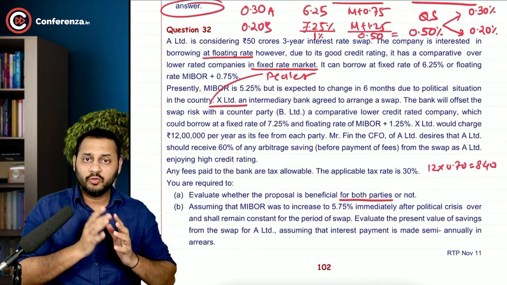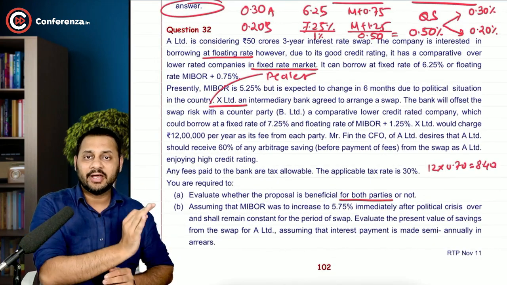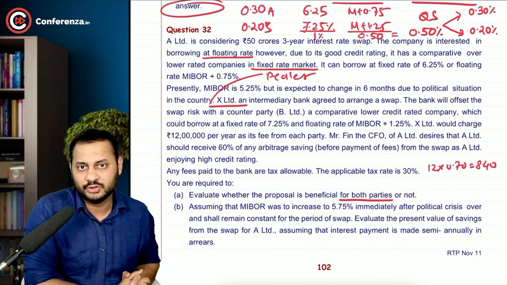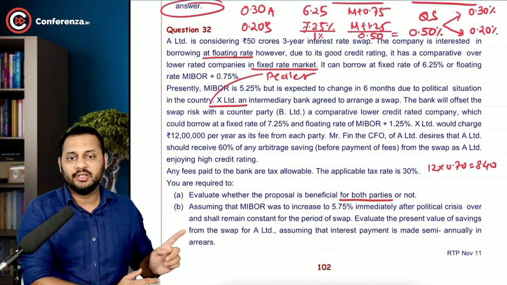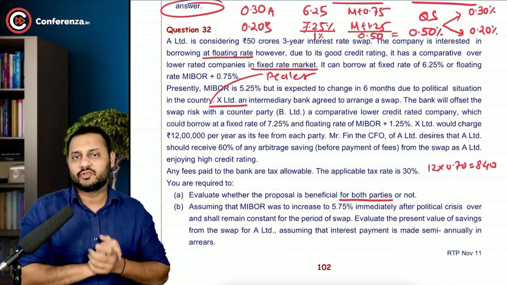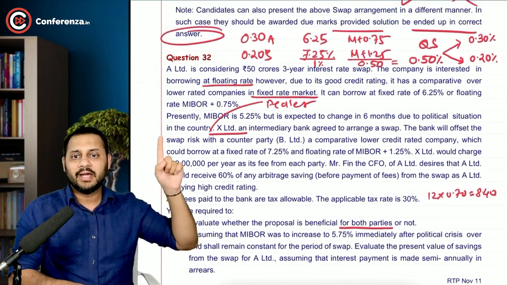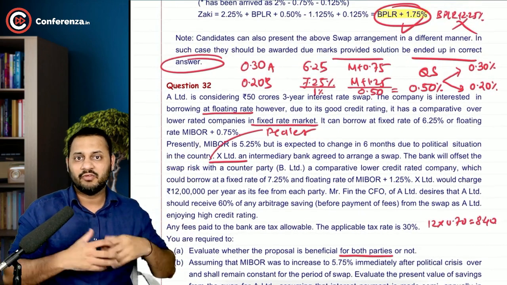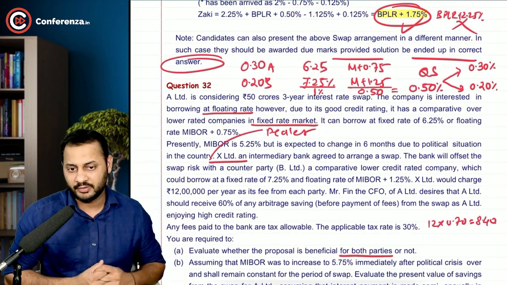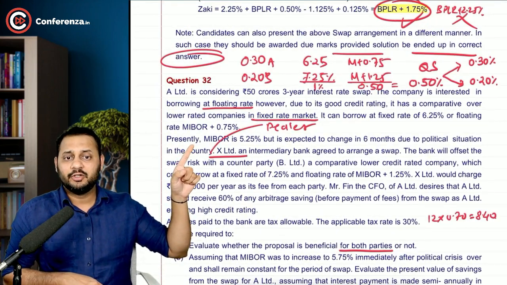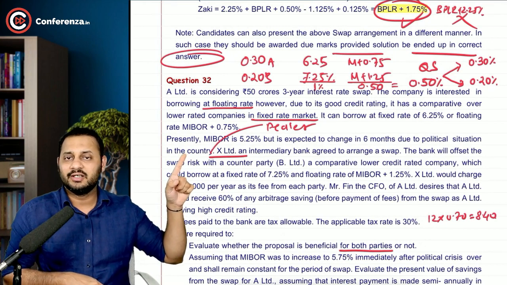Assuming that MIBOR was to increase to 5.75% immediately after the political crisis is over and shall remain constant for the entire period of the swap. What does that mean? It means that today the MIBOR is 5.25% when we are entering into a swap agreement, but it is expected to change in 6 months due to the political situation.